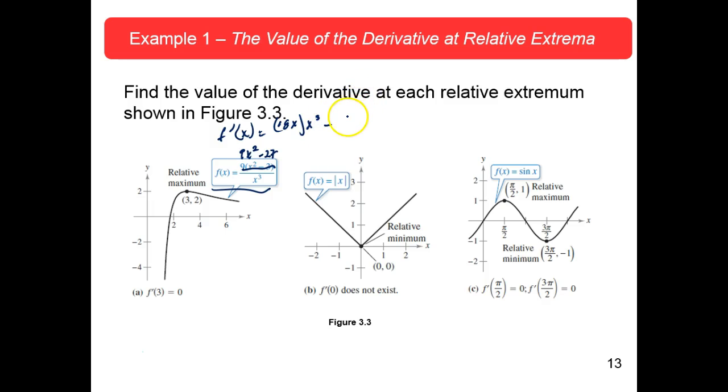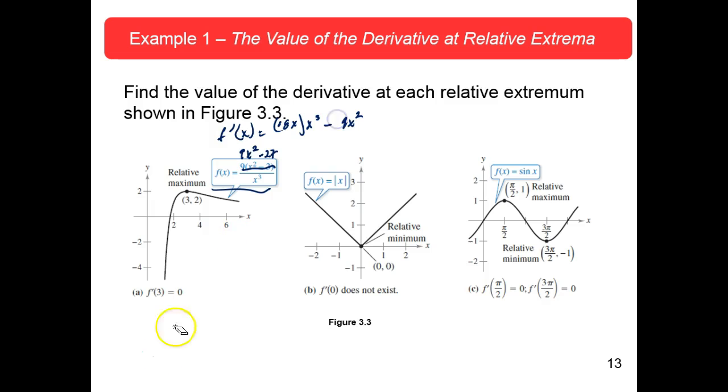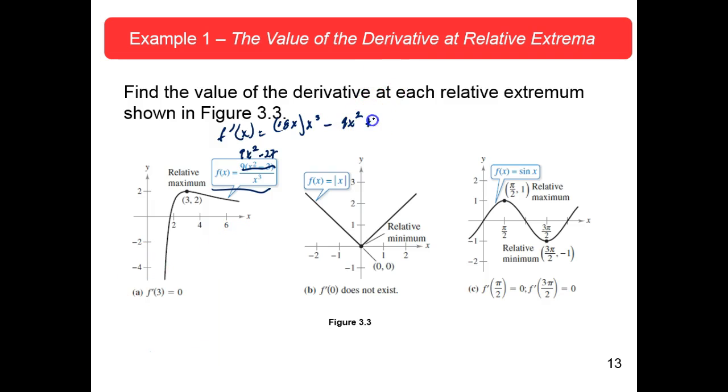Minus, and then your original function, 9x squared. Would it be a positive 27? Because that minus. Okay, I got what you're doing, you're removing parentheses at the same time. Minus 9x squared plus 27.